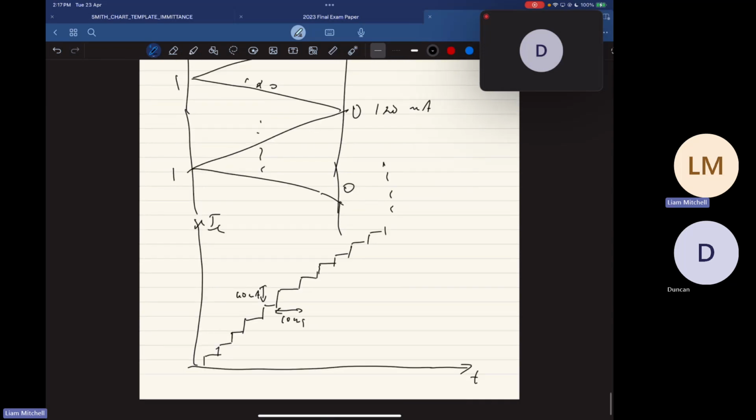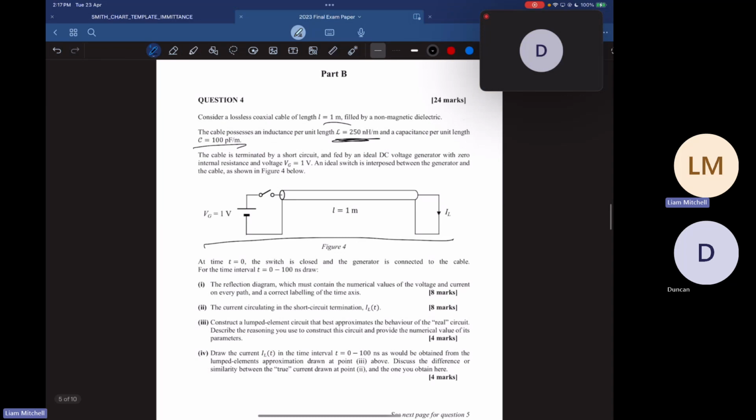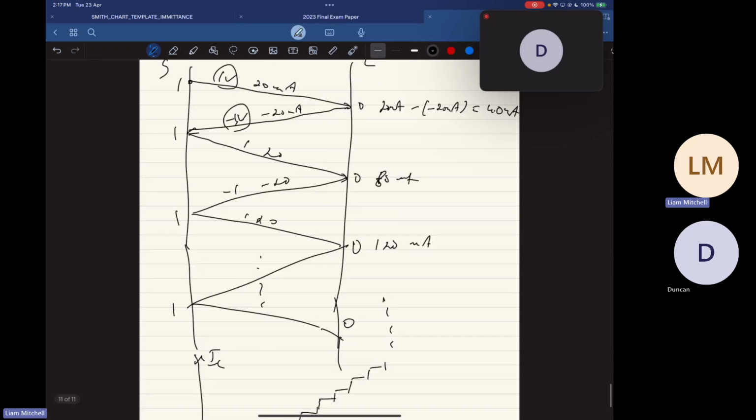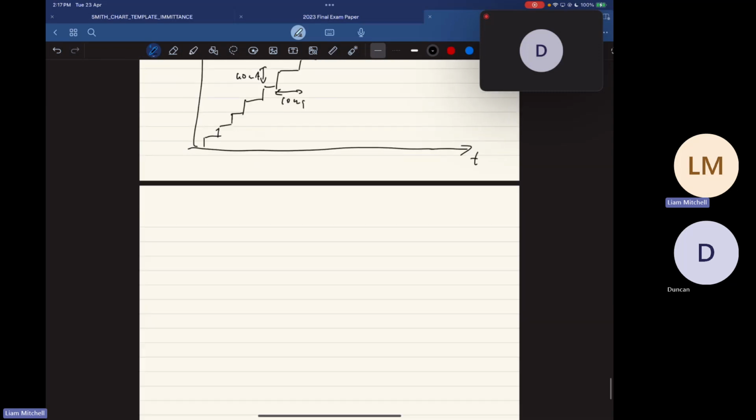And actually, the next question asks the lumped element approximation. If you replace this with an inductor, I've just opened a new page. This is our voltage source, 1 volt, and this is an inductor of 250 nanohenry. As an inductor, your voltage is L di dt, right?